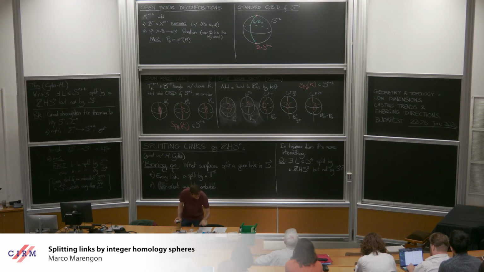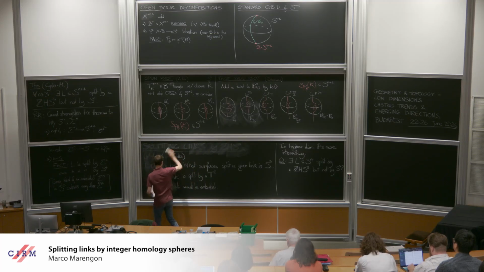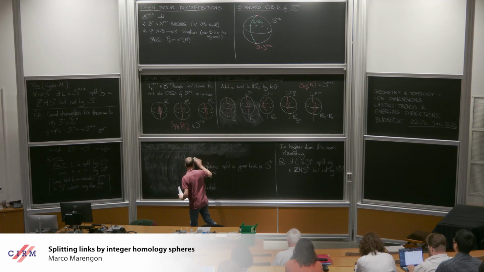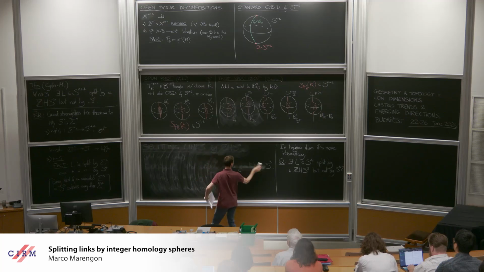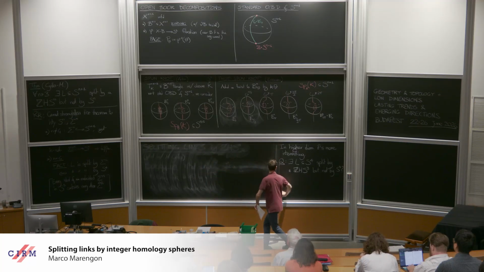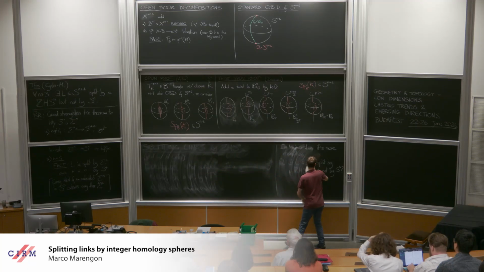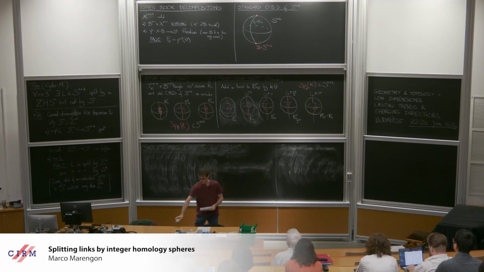So the fundamental result about twist span knots that we are going to use is the following.